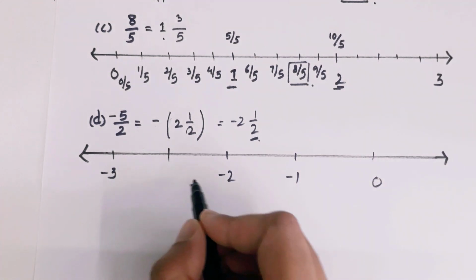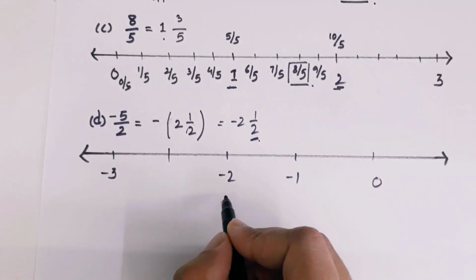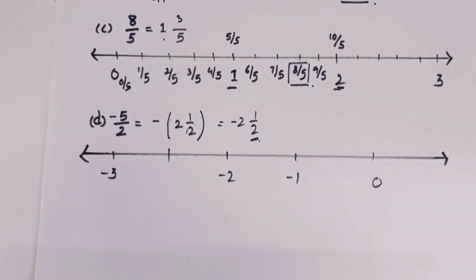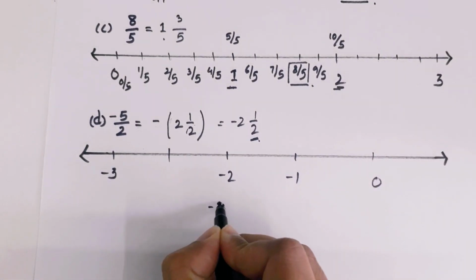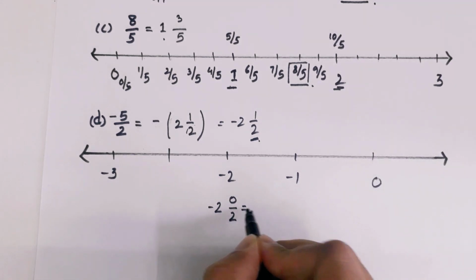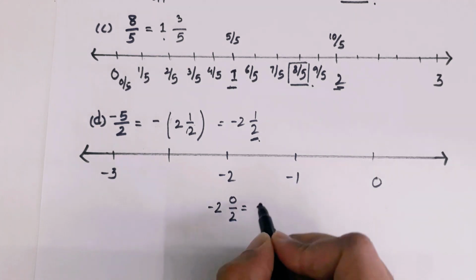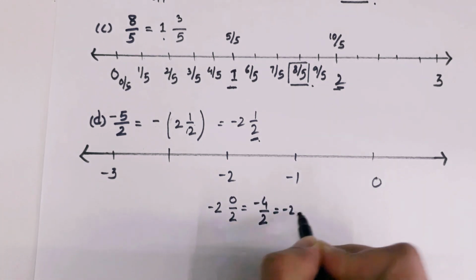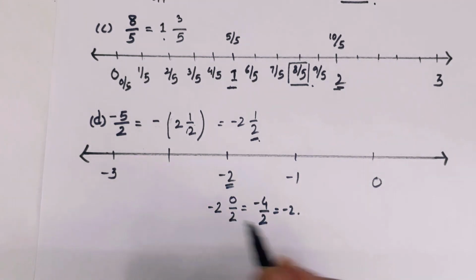So the first number will be here, this will be minus 2, 0 upon 2, which is nothing but, if you open it, you will get minus 4 upon 2, which is nothing but minus 2. This is this number. Okay, so you can plot it or you don't have to plot, it's your wish.